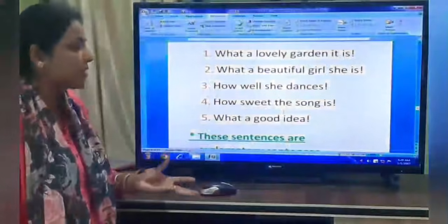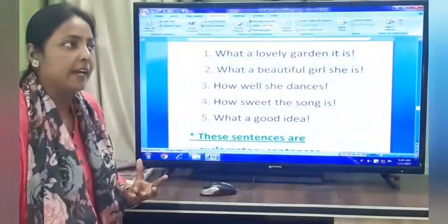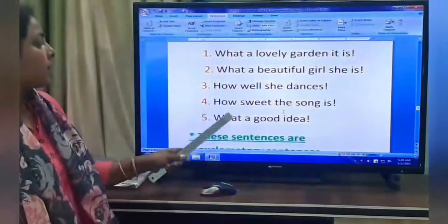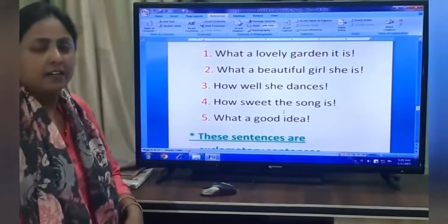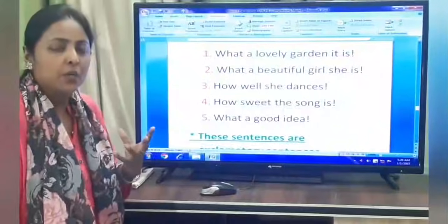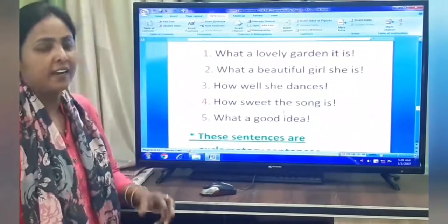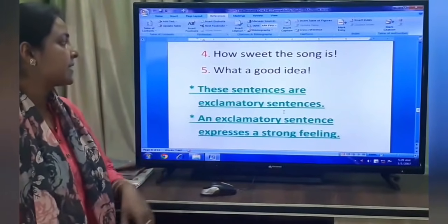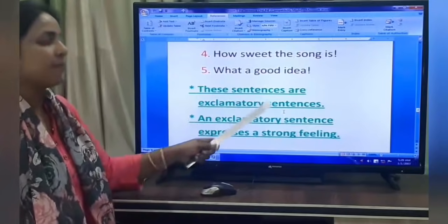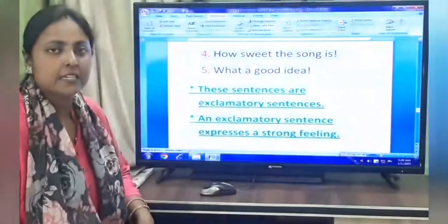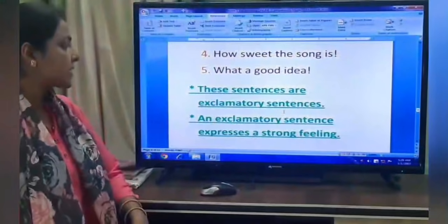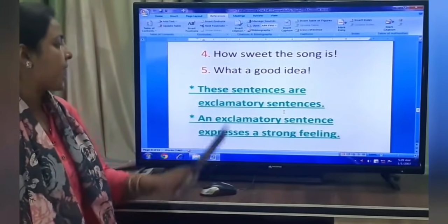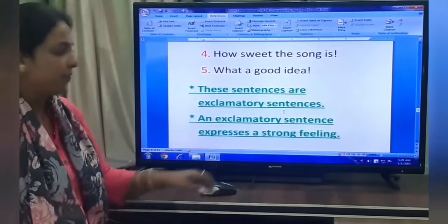It expresses a strong feeling. What a good idea. It expresses a strong feeling. So these sentences are exclamatory sentences. An exclamatory sentence expresses a strong feeling.